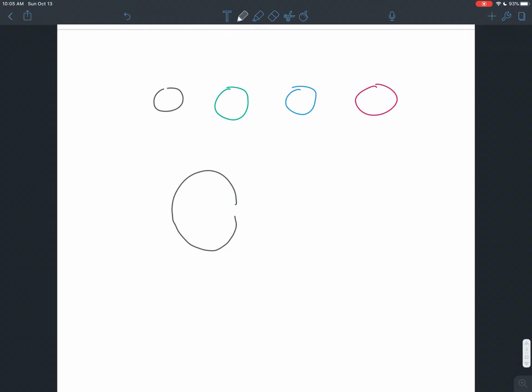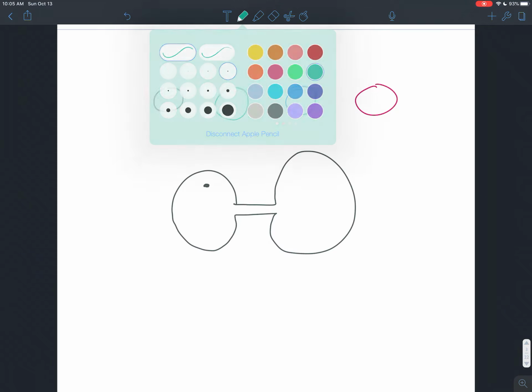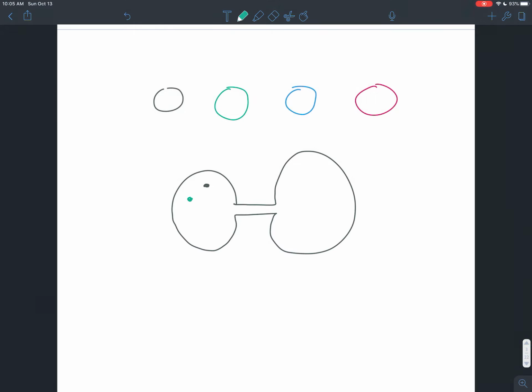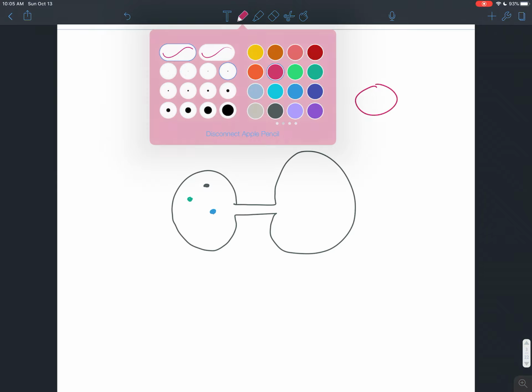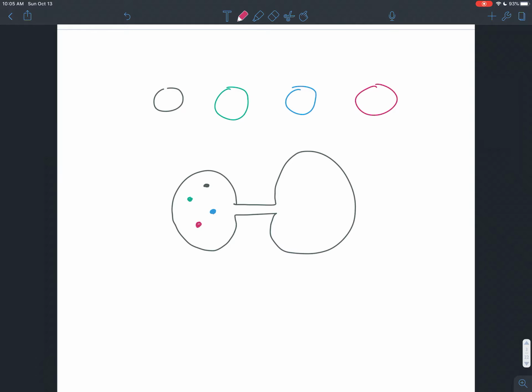Similarly, if you were to have 2 containers, and if you have 4 gas molecules, a black one, a green one, a blue one, and a red one, how many ways can all 4 of these stay on one side of the container? There's only one way. All 4 of them have to stay on the one side of the container. But how many ways can you have one go to the other side of the container? There are 4 ways.